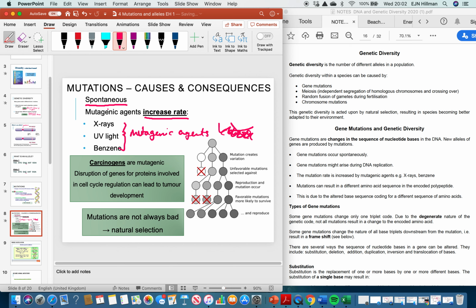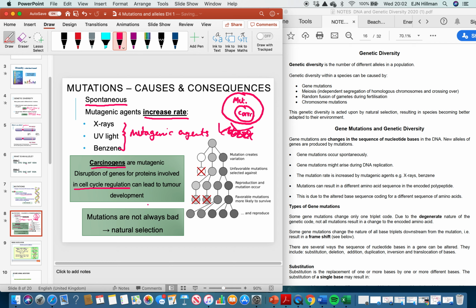Now, within those mutagenic agents, if we've got a Venn diagram, so we've got mutagenic agents, inside of that is another group referred to as carcinogens. So these are mutagenic agents that cause disruption to genes, the proteins involved in the cell cycle regulation.